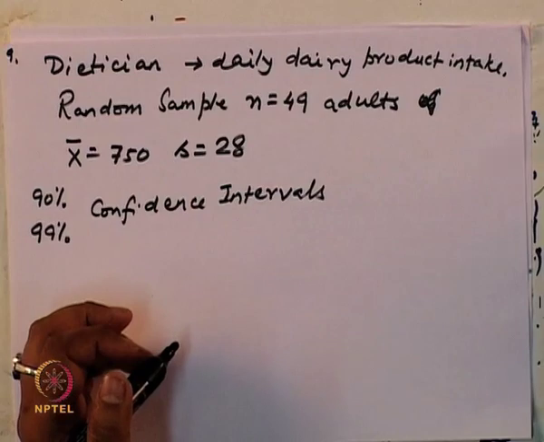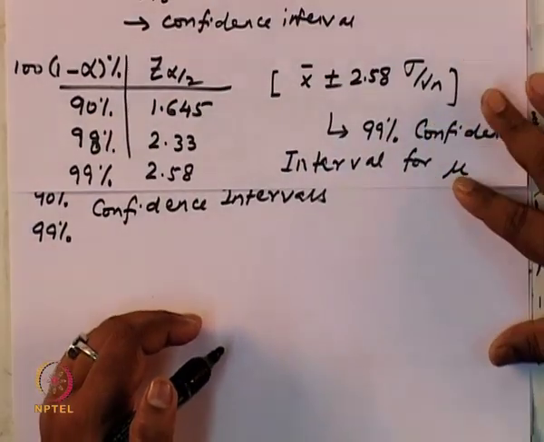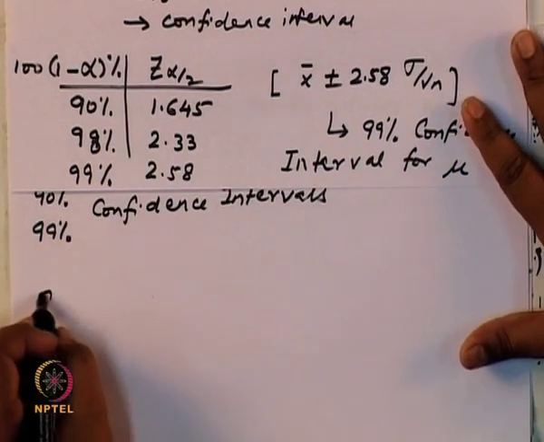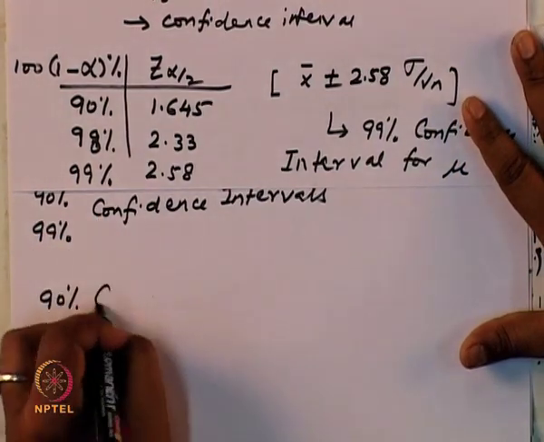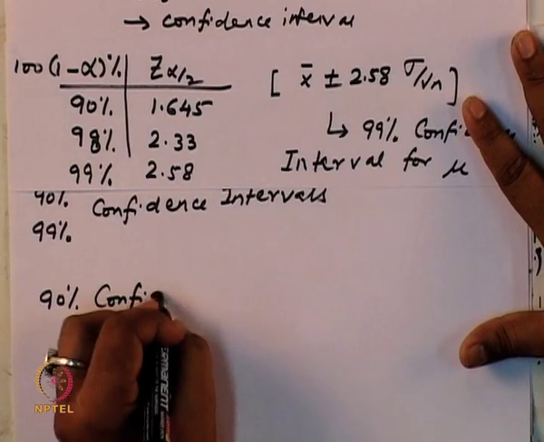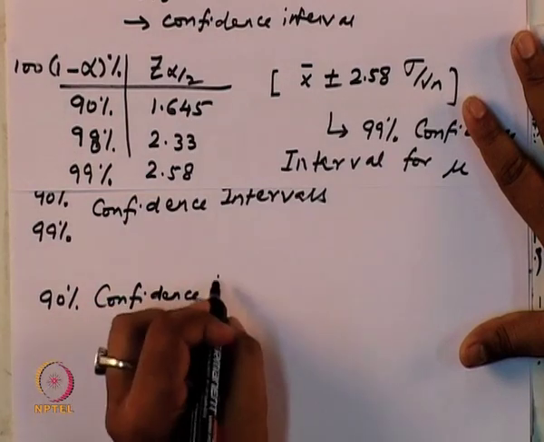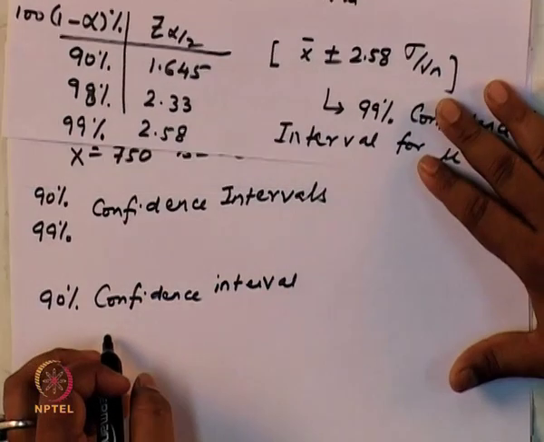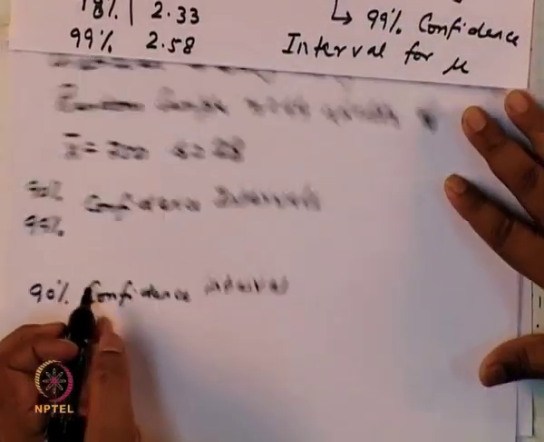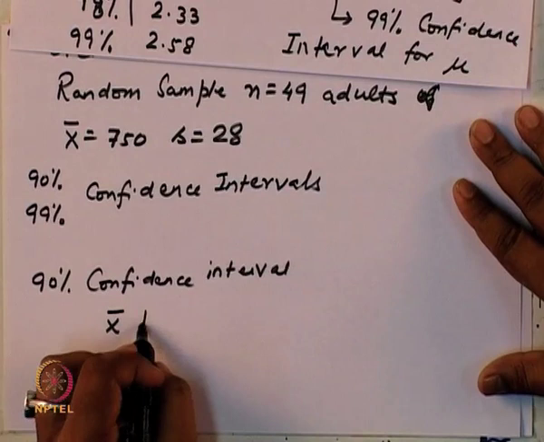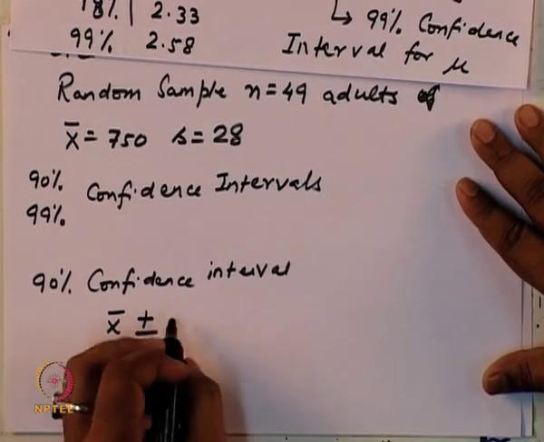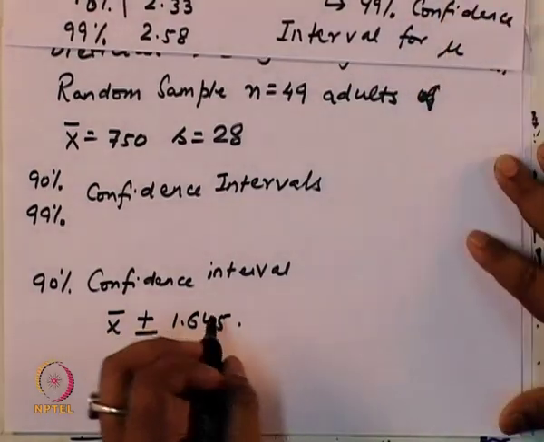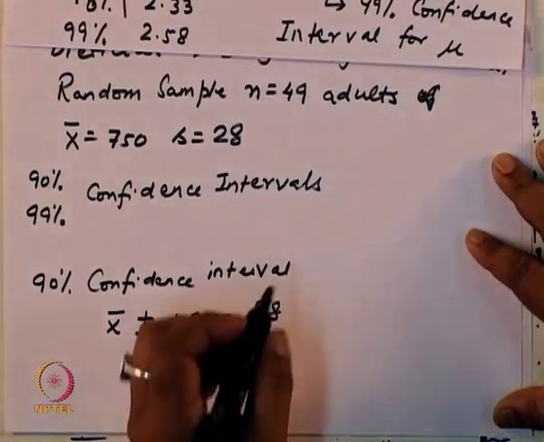Okay. So, as per this calculation, for 90%, the confidence interval will be x bar plus minus 1.645 into s, which is 28, and n is 49.